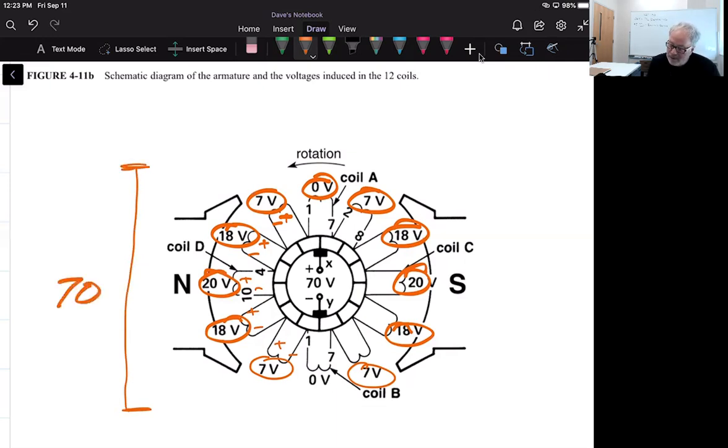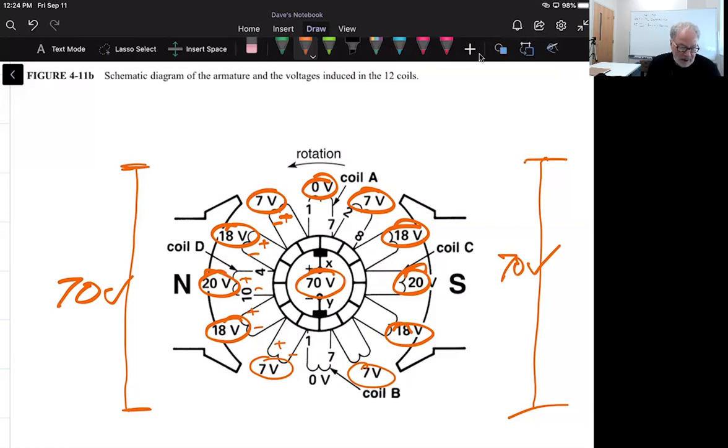We'd see the same thing on the other side, that same increase from 7 plus 18 plus 20 plus 18 plus 7, which is going to give us 70 volts there. So the voltage that's available between the brushes is simply 70 volts.